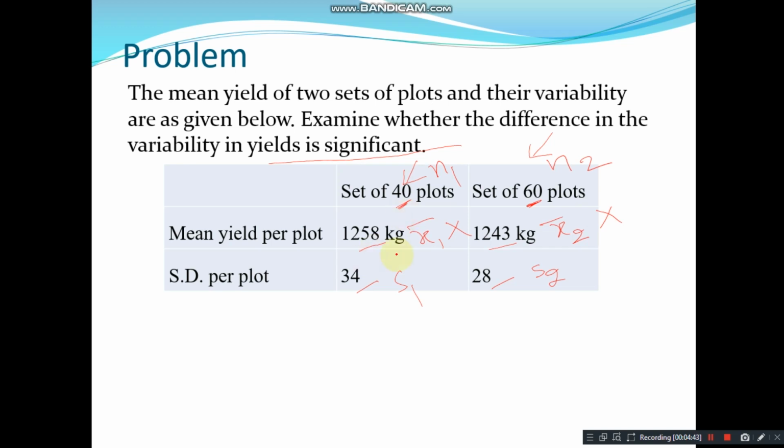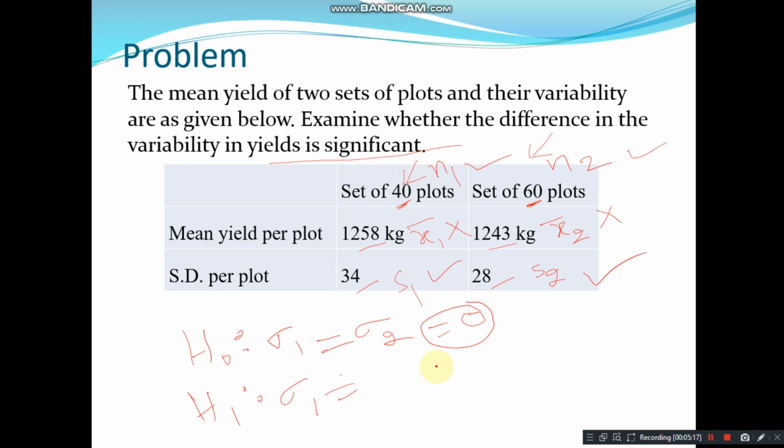So here we need N1, N2, S1 and S2, and for these, what is the null hypothesis? It is between sigma 1 and sigma 2, right? The statement given in the problem is whether the difference in the variability in yields is significant. Is there any difference or not? So the null hypothesis is sigma 1 equal to sigma 2, and the corresponding alternate hypothesis is sigma 1 not equal to sigma 2.